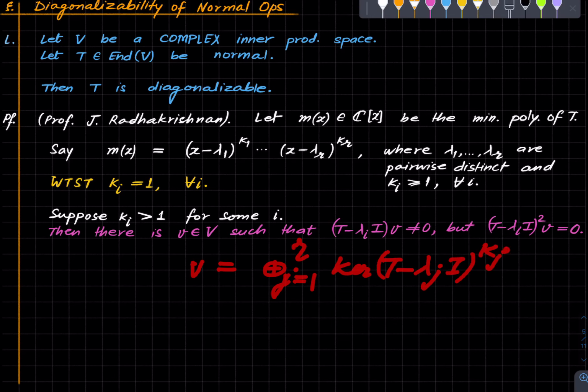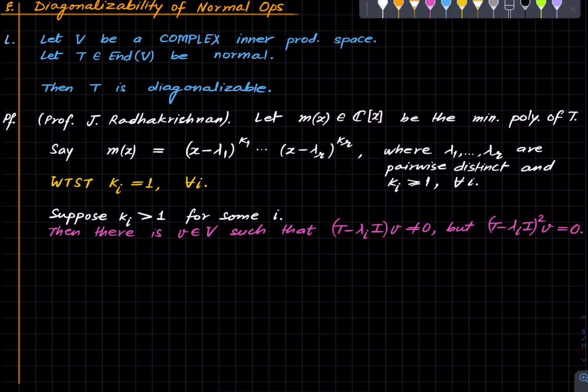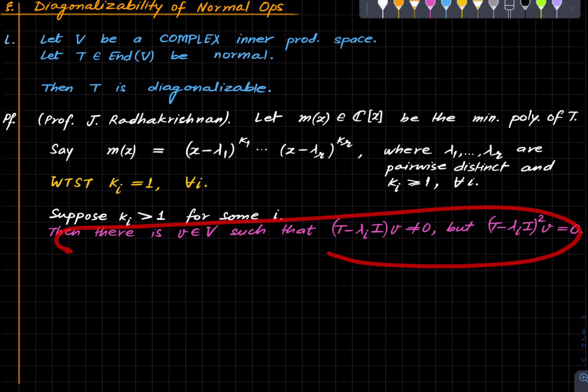We have that. So if this were false, then either... so basically I'm saying just consider the ith component here, and if it has an exponent greater than 1, then this should hold, and I'll let you mull over it. We have done this kind of thing earlier. Let me not get bogged down by this, otherwise the flow of the proof will break. So just realize this fact. This should also be intuitively obvious.